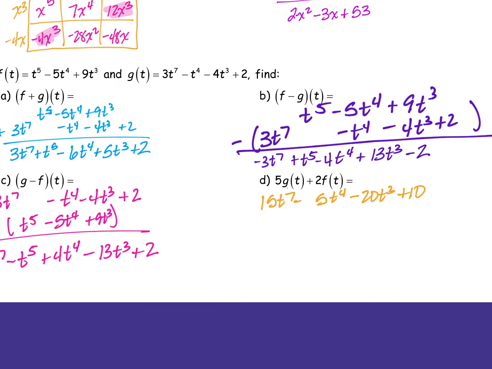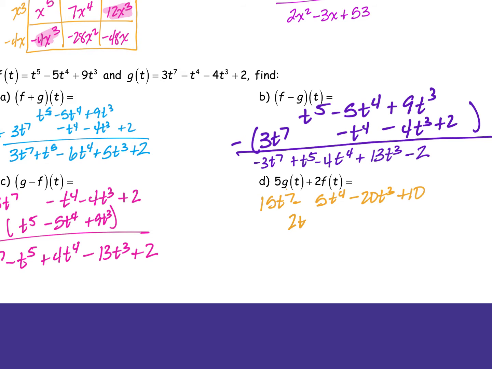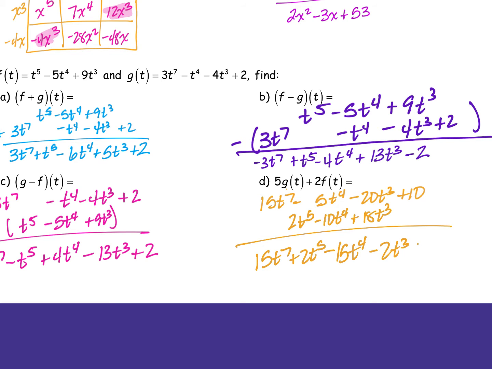And then I'm going to add 2t to the 5th minus 10t to the 4th plus 18t cubed. So 15t to the 7th plus 2t to the 5th minus 15t to the 4th minus 2t cubed plus 10. Beautiful. Okay. Any questions?